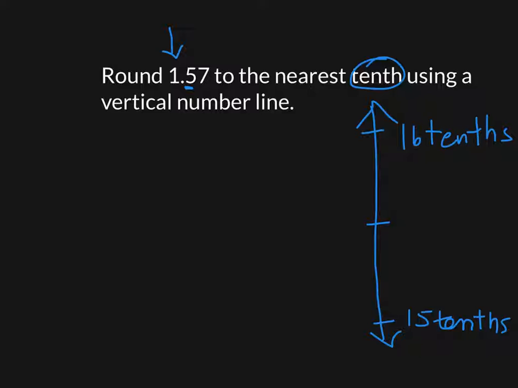Half of a tenth is 5 hundredths. So I have to add 5 hundredths onto my minimum, and that is going to be 155 hundredths. I'm going to look back up here, and this number is 157 hundredths, so it's going to be a little bit more than 155 hundredths.